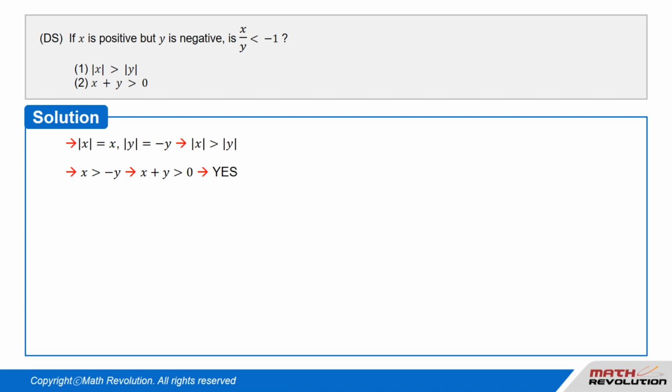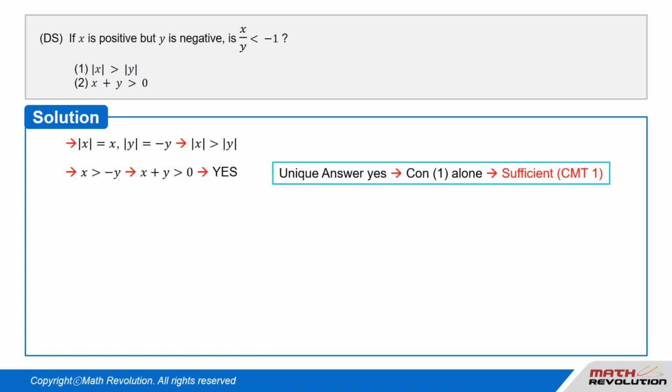Therefore, the absolute value of x is greater than the absolute value of y means x is greater than negative y, or x plus y is greater than 0. The answer is unique, yes, so the condition is sufficient by CMT 1, which means that the answer must be in terms of a unique yes or no.